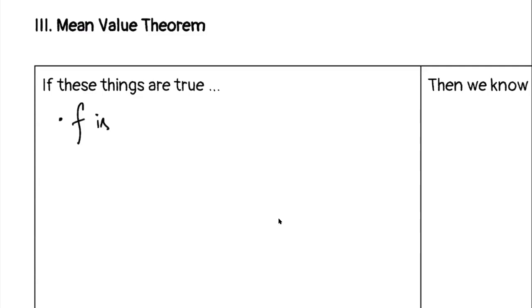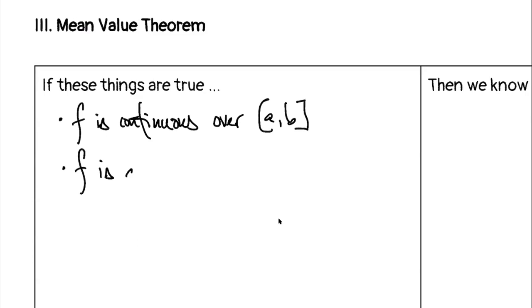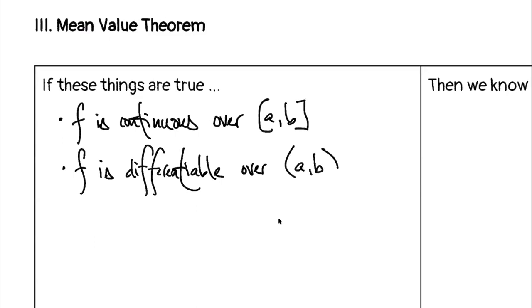F is continuous over the inclusive interval a to b. And f is differentiable over the open interval a to b. Those are the only things we need to have. We do not need to have f of a equals f of b.